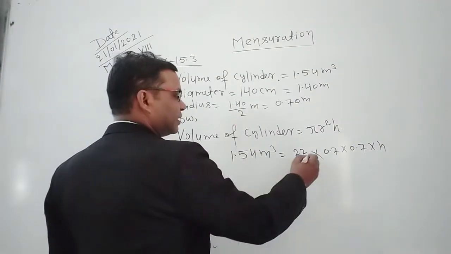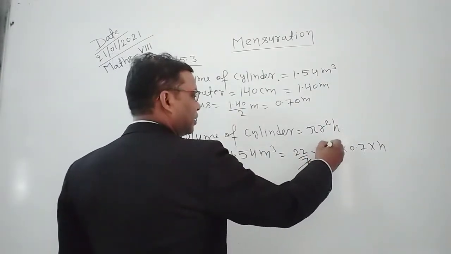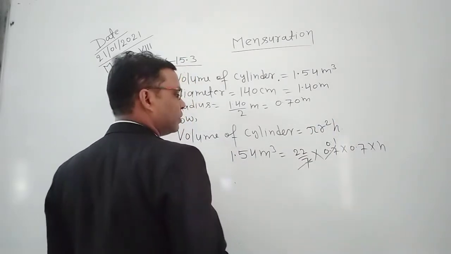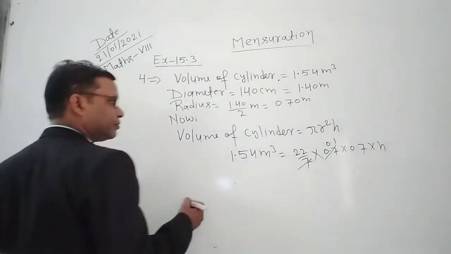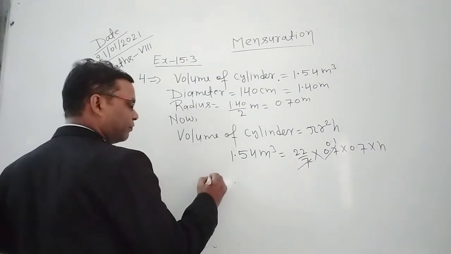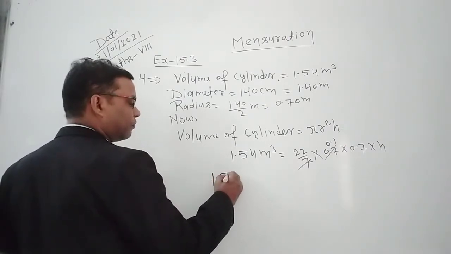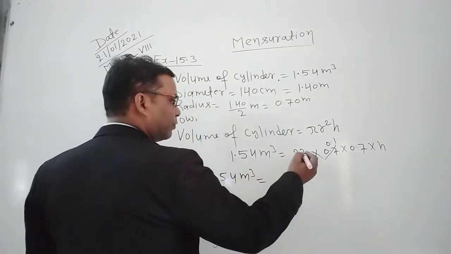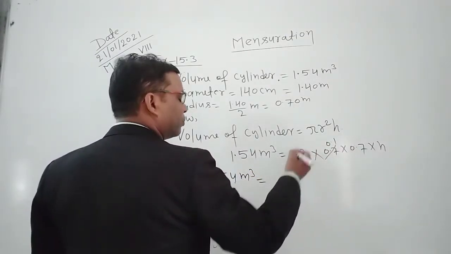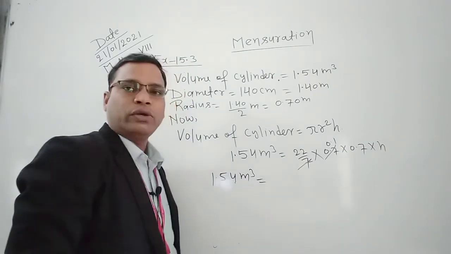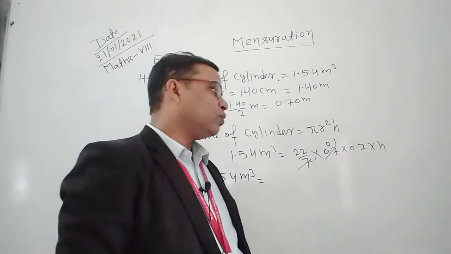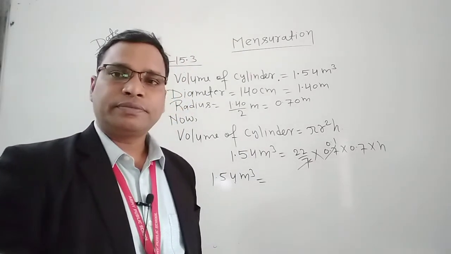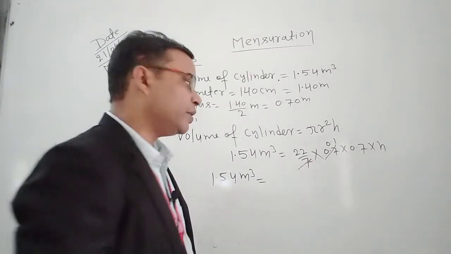So you can cancel it by 7. Then you obtain 0.1. Now, here we have 1.54 meter cube is equal to, we multiply them, 22 into 0.1, this is equal to 2.2, 2.2 into 0.7, this is equal to 1.54 meter square.